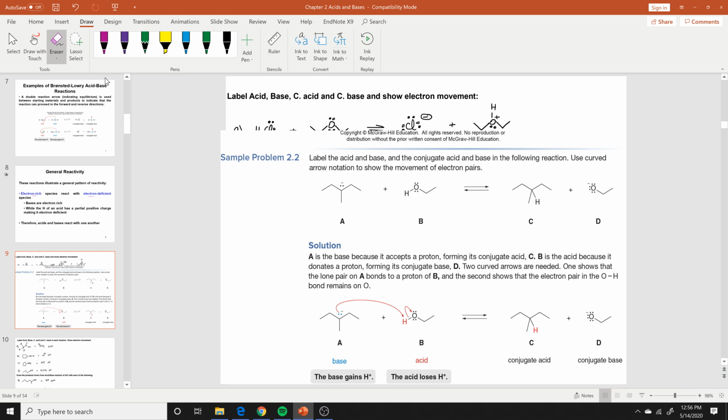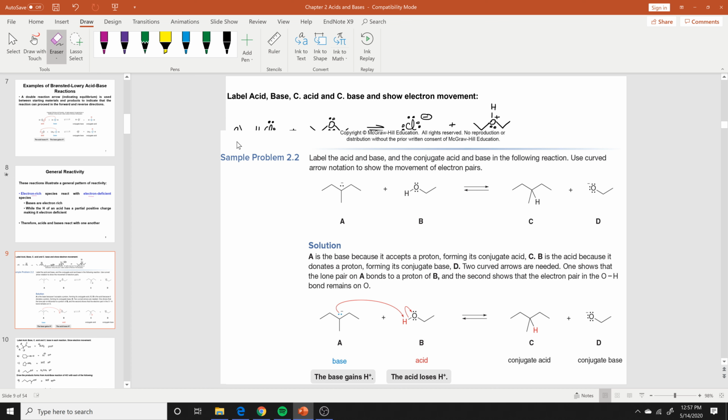So this is going to be my base. This means that this hydrogen over here is my acidic hydrogen. The base is going to take the acidic hydrogen, and I'm going to form a leaving group. Whenever I make a bond, I break a bond, and you get your conjugate acid and your conjugate base. Again, as I mentioned, acids turn into conjugate bases, and bases turn into conjugate acids.